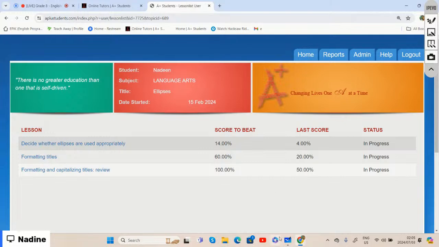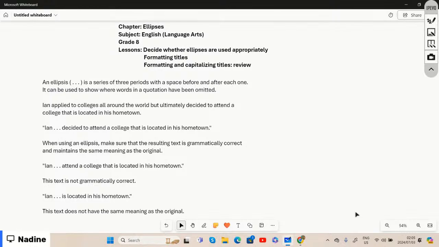All right. So our chapter is ellipses. Our subject is English Language Arts, grade 8.